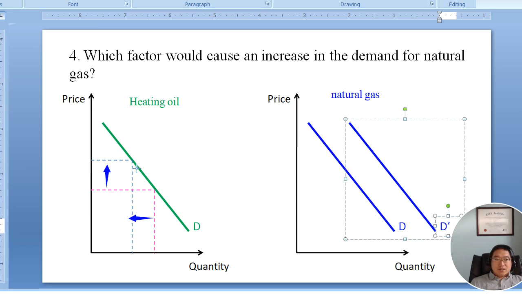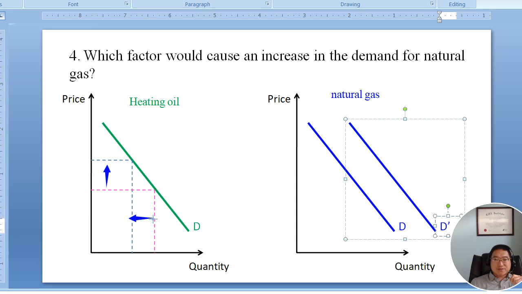In other words, for substitutes, the relationship is between the price and the quantity demanded of one good and the whole demand curve of another. So when the heating oil price goes up, people can afford less.